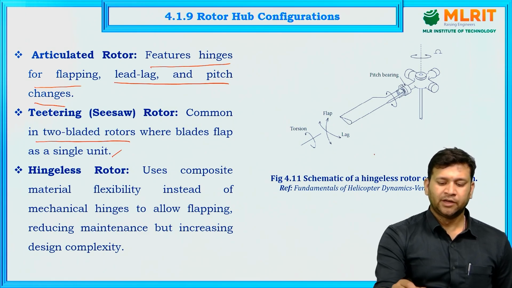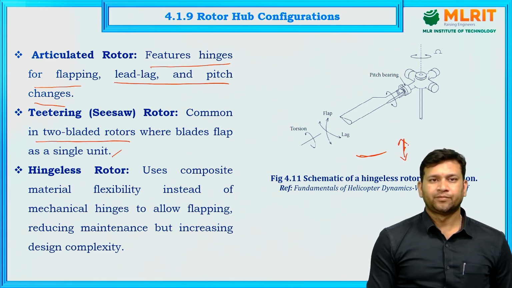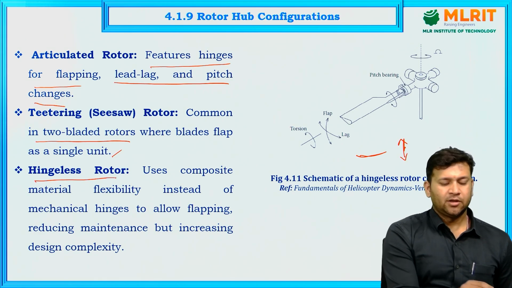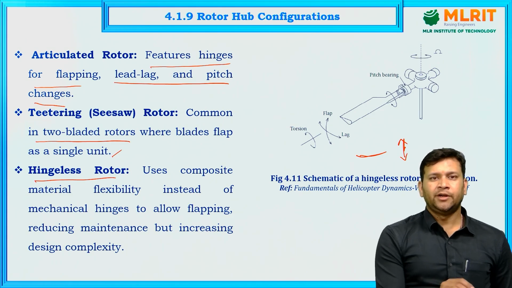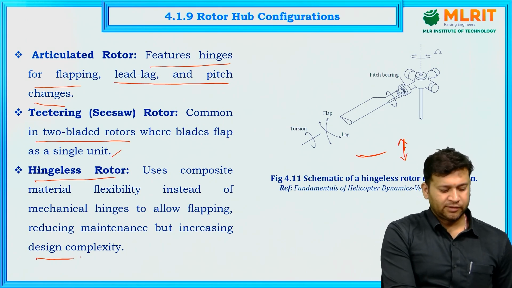When it is moving in this direction, it is lag, and if it is moving up and down, then it is flapping. Hingeless rotors use composite material flexibility instead of mechanical hinges to allow flapping, which reduces maintenance but increases design complexity.